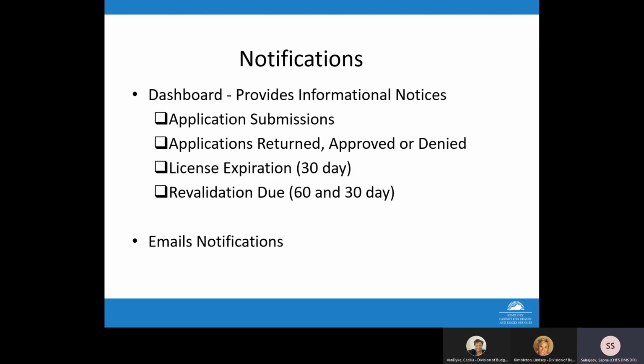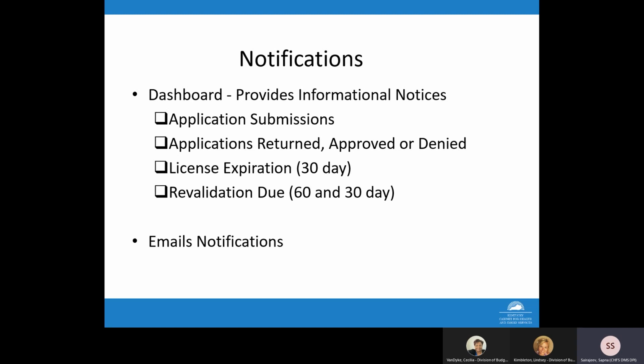This next screen tells us the different kinds of notifications you can expect on your dashboard. As I mentioned earlier, throughout your application submission process, you may receive several notifications, like your submission notification, corrections notification, or your application is approved notification.